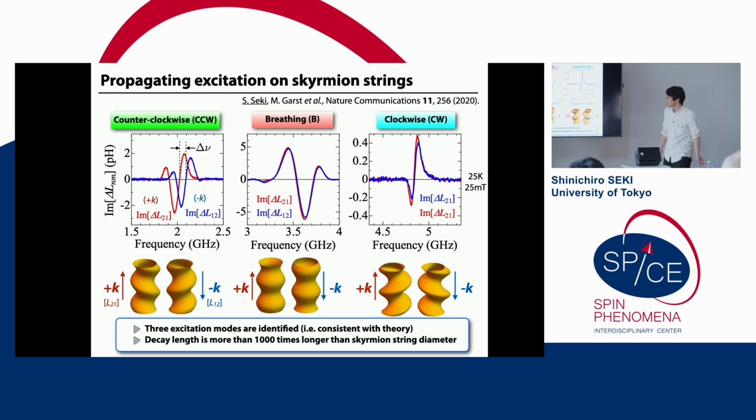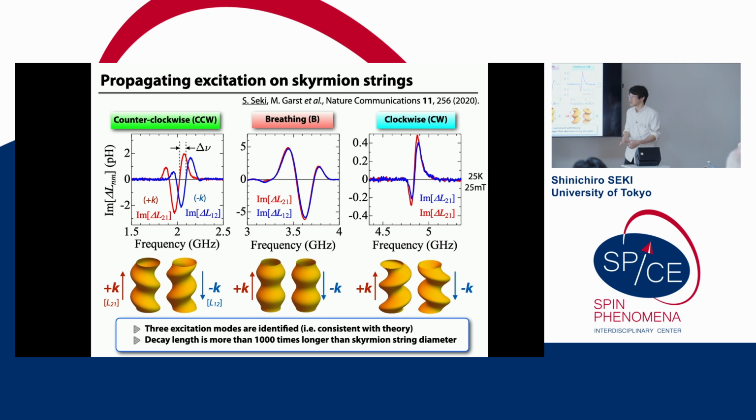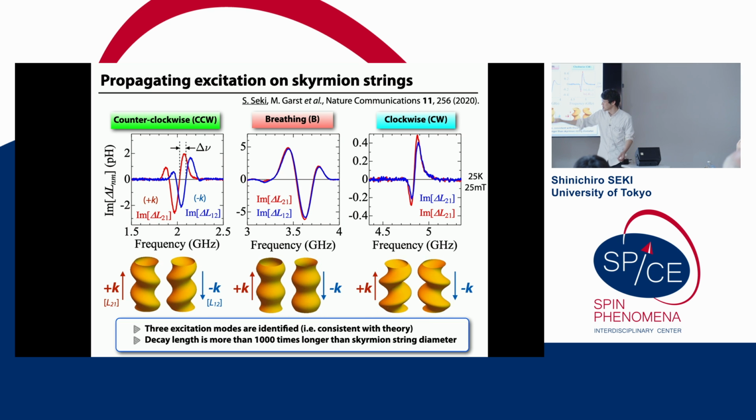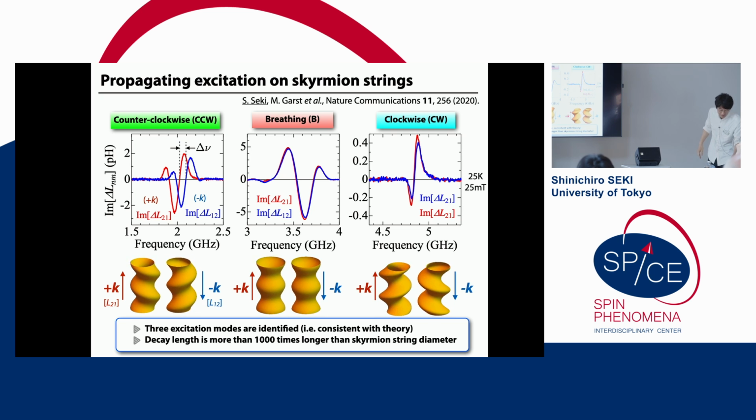Another unique feature is that in this data, the red and blue colored data represent the propagation along the plus k and minus k direction. And this data indicates that propagation along the plus k and minus k direction is not equivalent. So this skyrmion string excitation shows some kind of non-reciprocal propagation character.